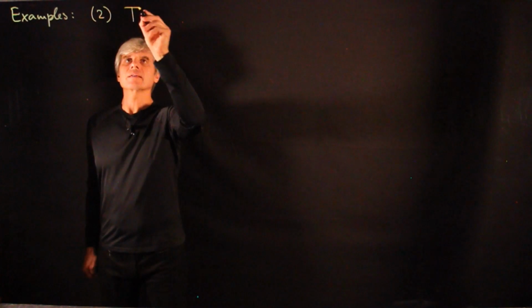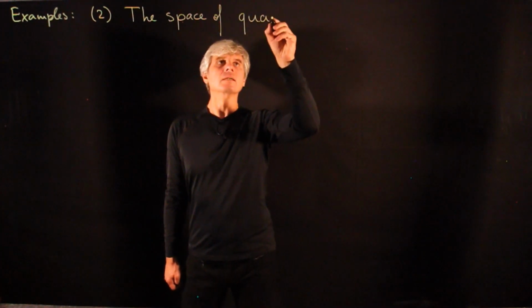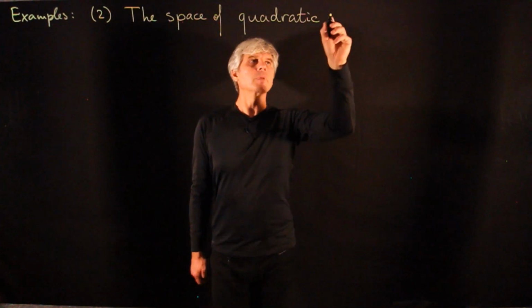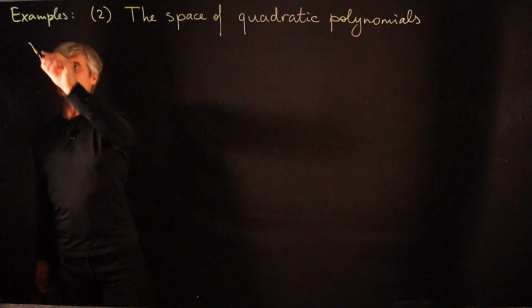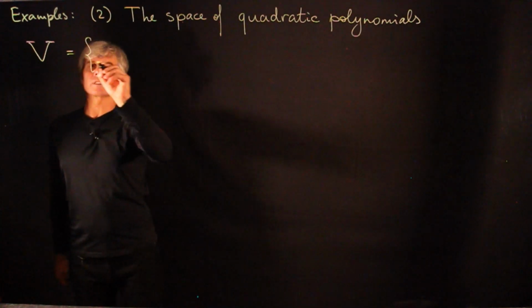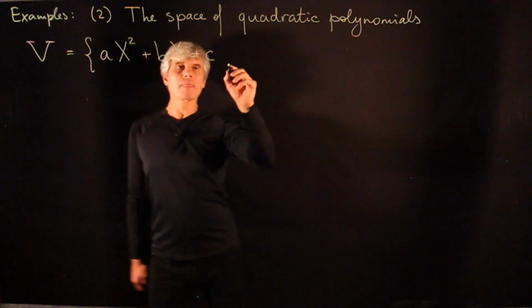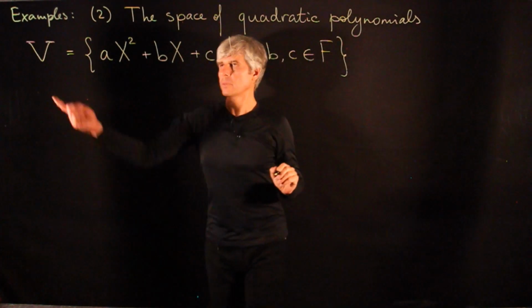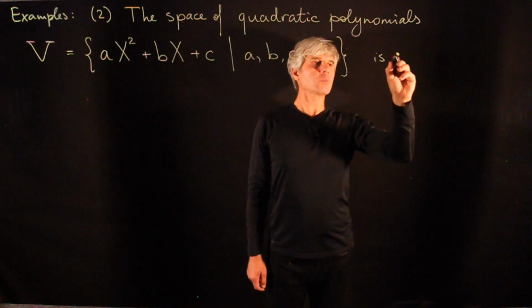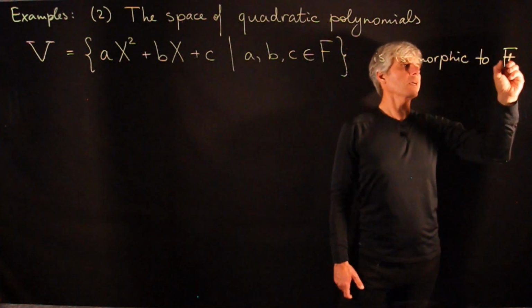Let's consider our second example. Here we say that the space of quadratic polynomials, let's call it V, is the set of ax squared plus bx plus c, where a, b, and c belong to some field F. So this vector space is isomorphic to the space F3.